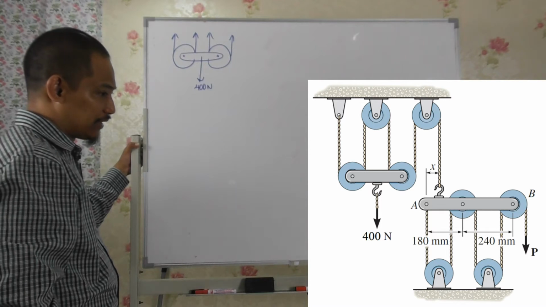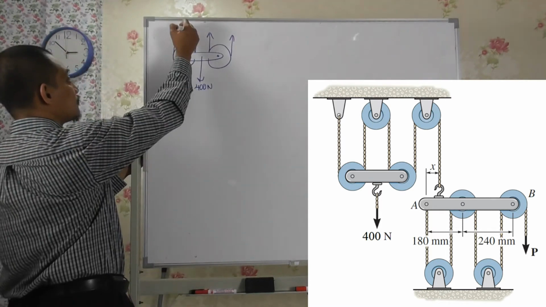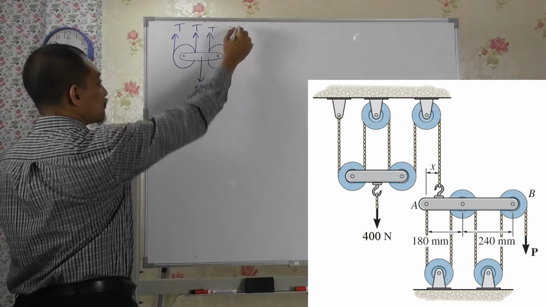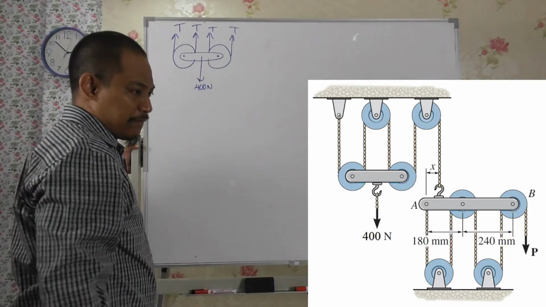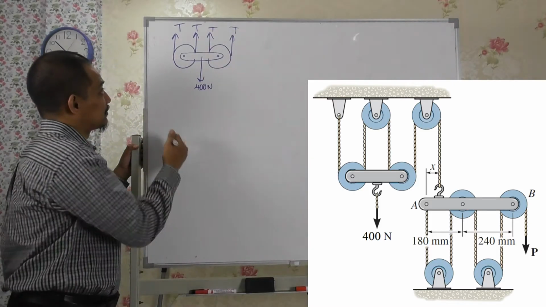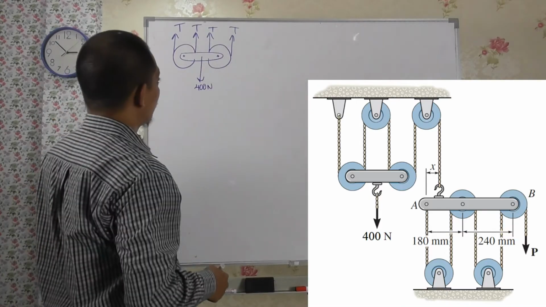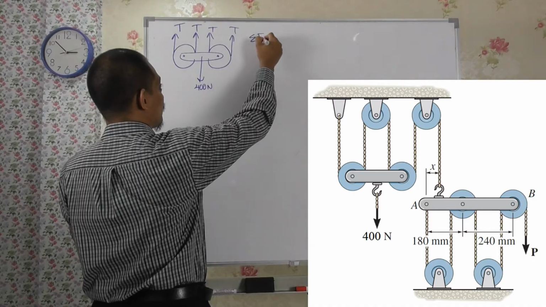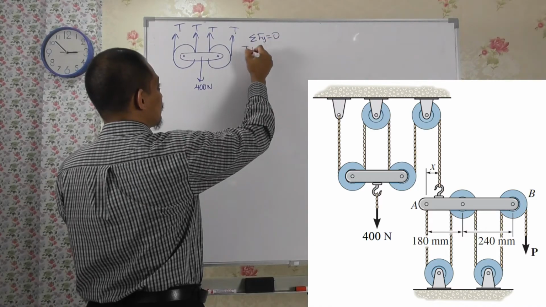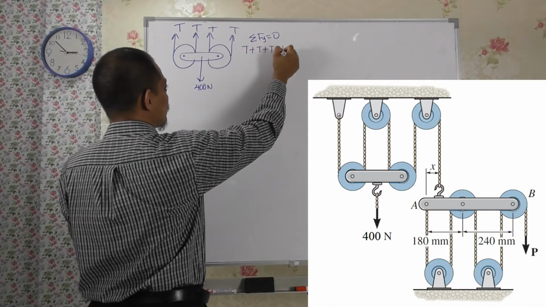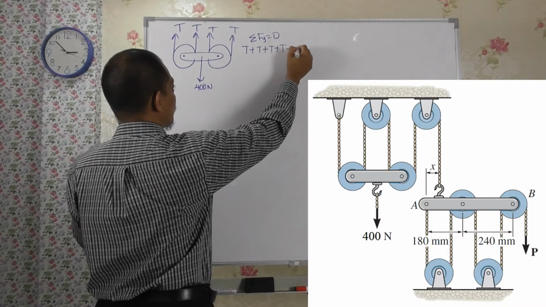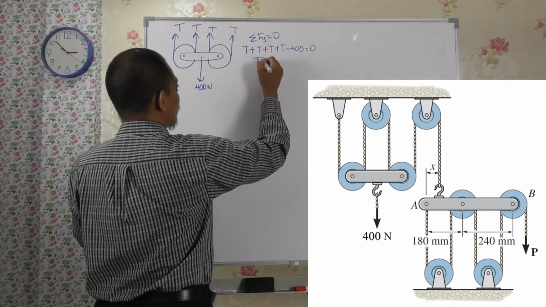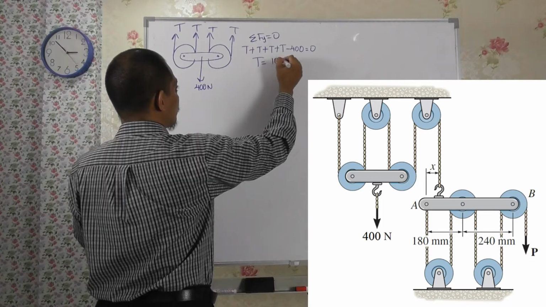So let's label that T. Alright, so based on this, it's straightforward if you want to calculate. So okay, I'll calculate straight away. Summation of Fy equal to 0, T plus T plus T plus T minus 400 equal to 0, T equal to 100 Newton.